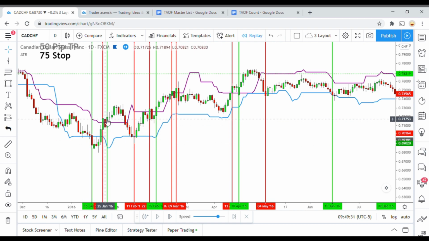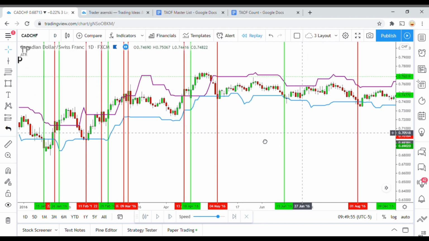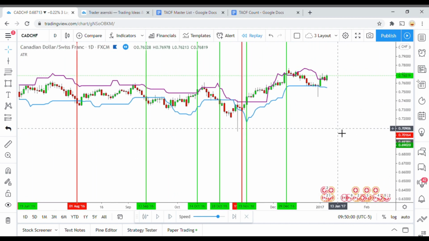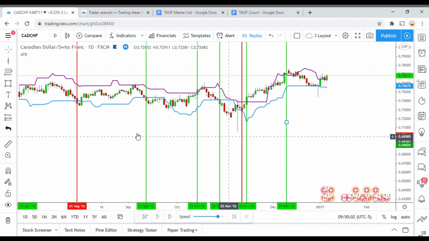You can see that 1, 2, 3, 4, 5, 6, let's see, I wouldn't really call that one, 7, 8, and so 8 of them had a reversal that took place after the price action made its break.